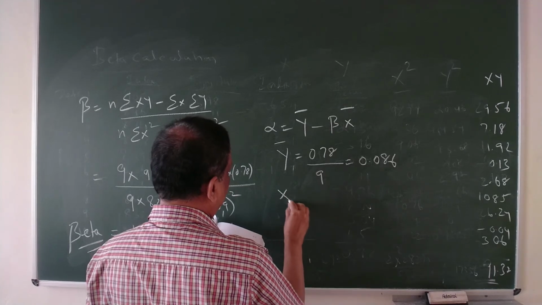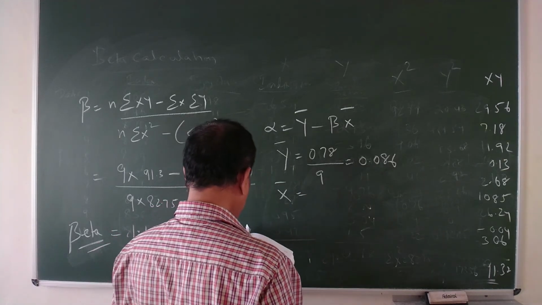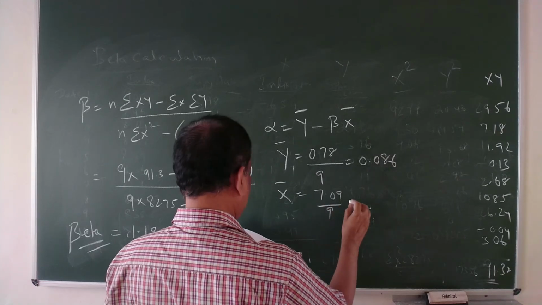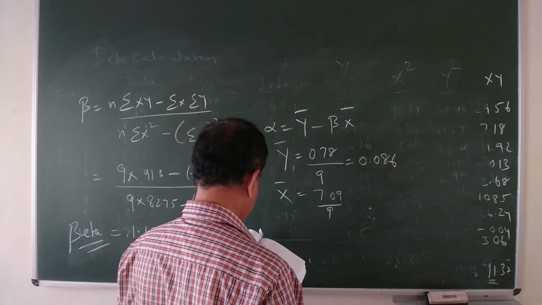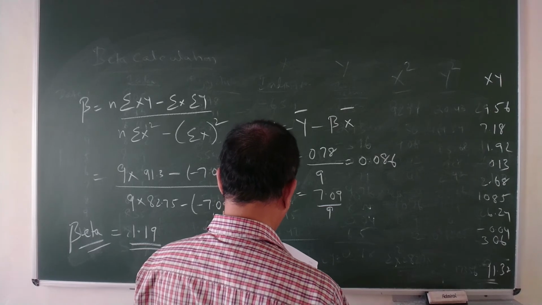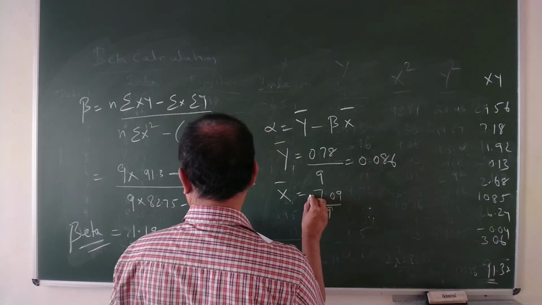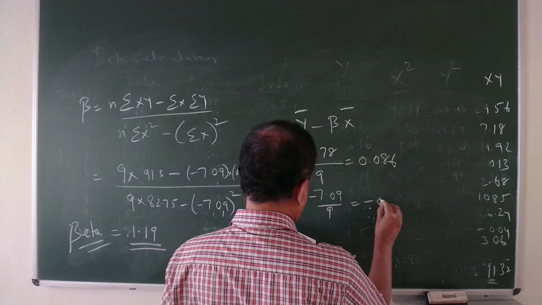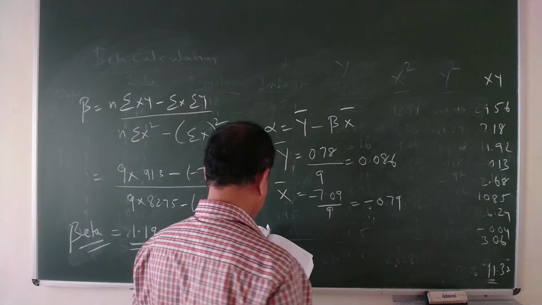And x bar will be minus 7.09 divided by 9, that would be minus 0.79.